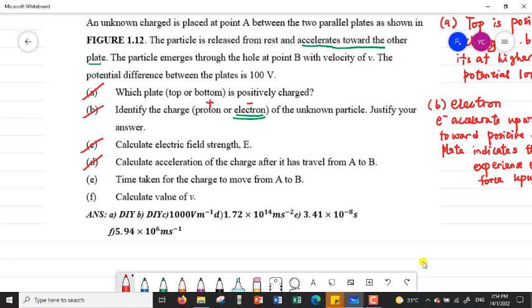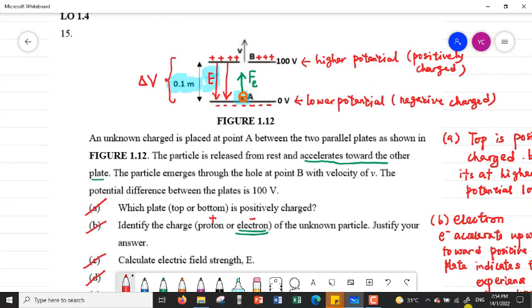E. What is the time taken for the charge to move from A to B? So class, if we refer to the question, this charge will do straight line motion from point A to point B. So we want to calculate the time taken to travel from A to B. We know that the distance between point A and point B is 0.1 meter, and the particle is released from rest.